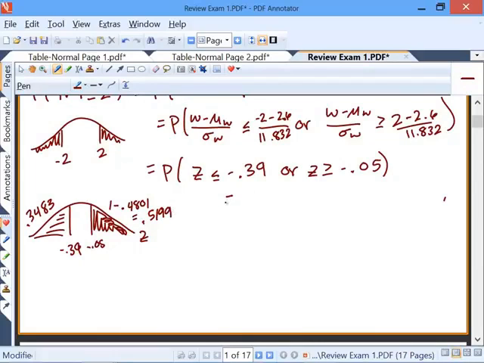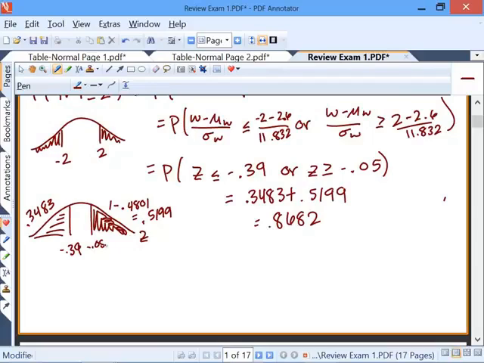So this total probability is 0.3483 plus 0.5199, which gives me 0.8682. You'll notice in the solutions manual that they have 0.8689, which probably means that they didn't have to round their Z values to use the table. They probably used the computer.